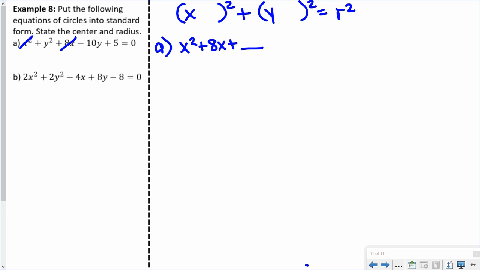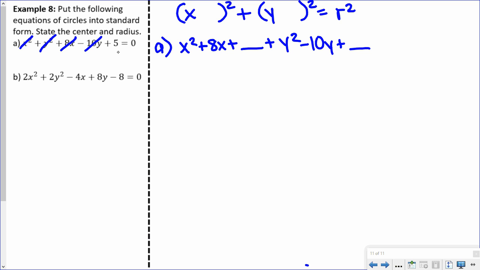We're going to review that. You did that in Chapter 4 in Algebra 2A. So that's your x group. Then you have a plus blank. Now we do the y group. So plus y squared minus 10y. And again, you'll do plus blank.